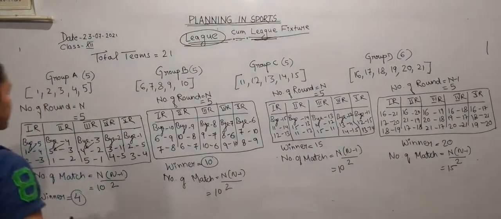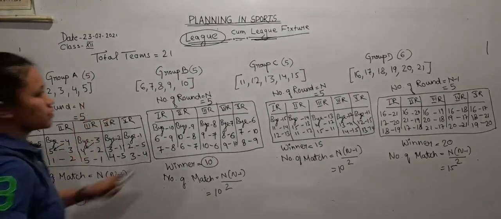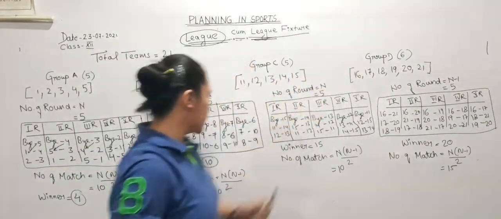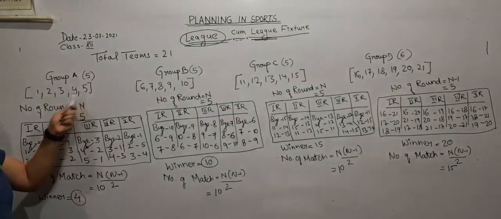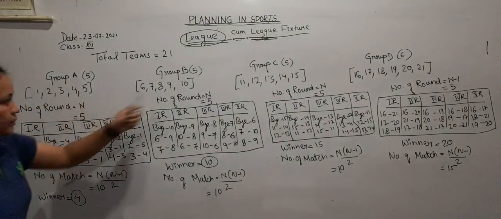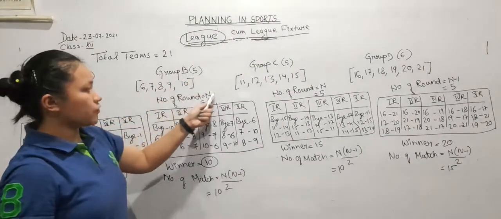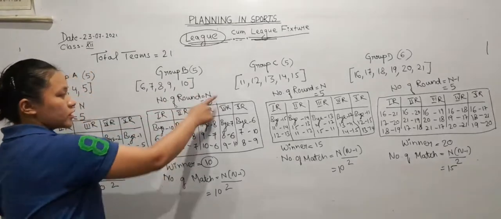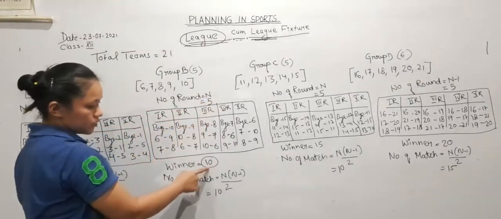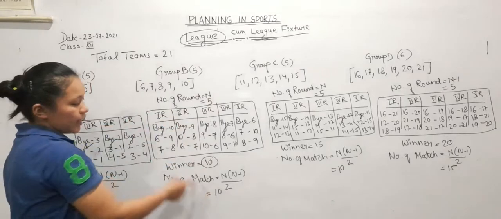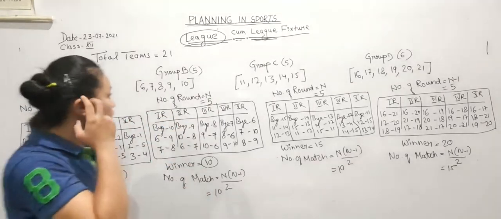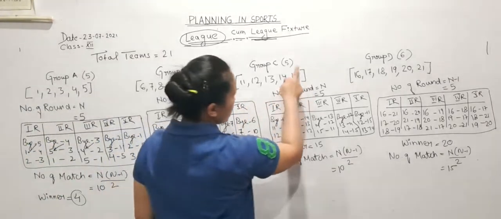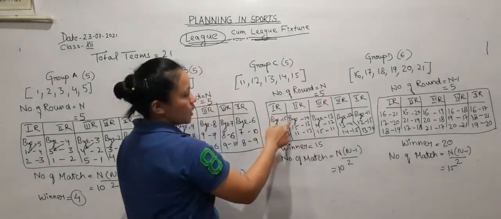Okay student, group A, group B, group C, group D. Group B is an odd number, therefore we have given 1 bye. Group B number of rounds n, odd number we have given bye. Let winner will be 10 and total match 10. In group C, odd number, therefore we will give 1 bye.